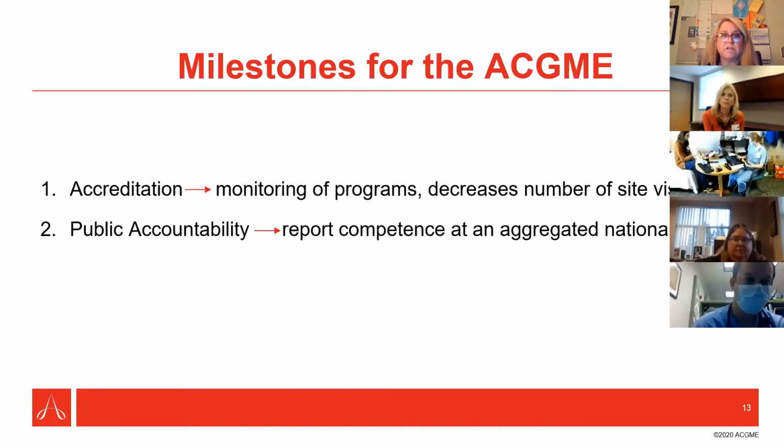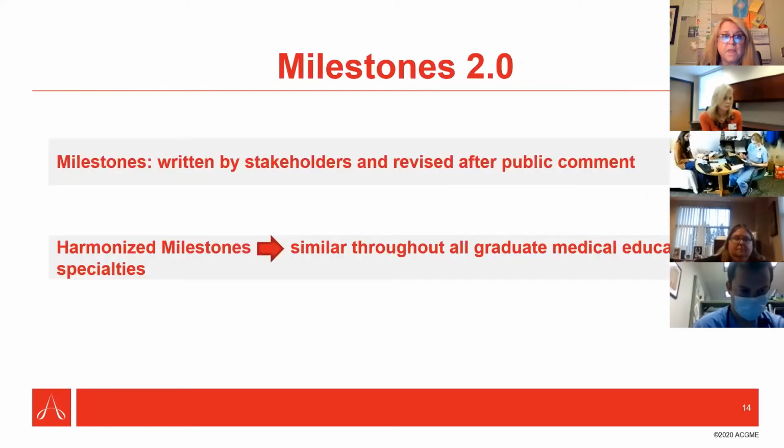Some of that longevity is because we've been so particular about making sure that we have the ducks in a row that we need to stay accredited and to show the ACGME and the public that we're continuing to produce very high quality docs like you guys. All right.